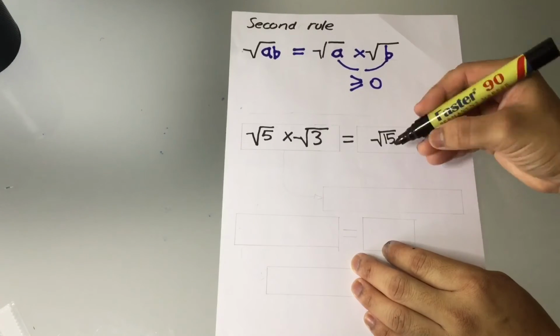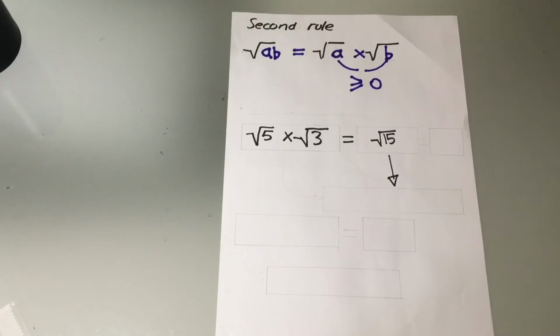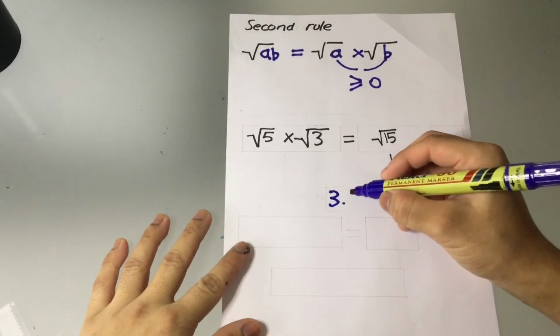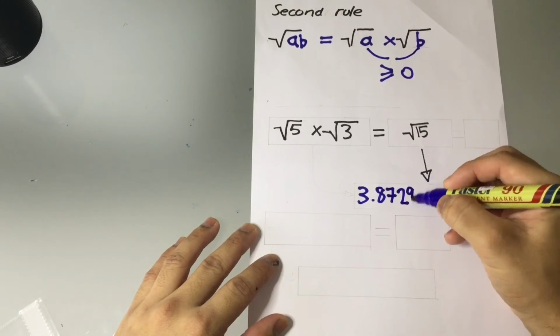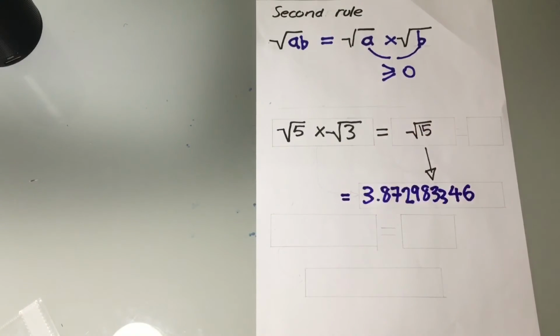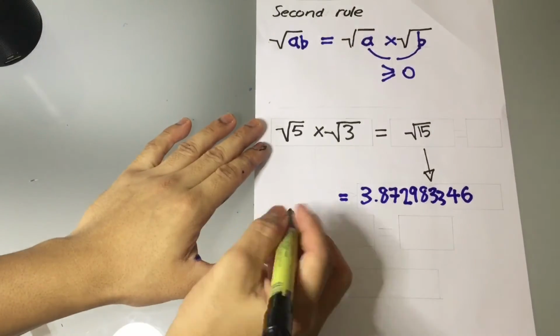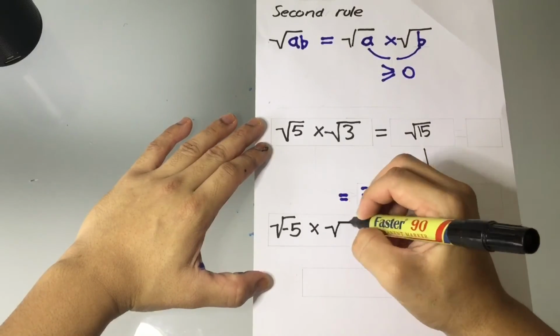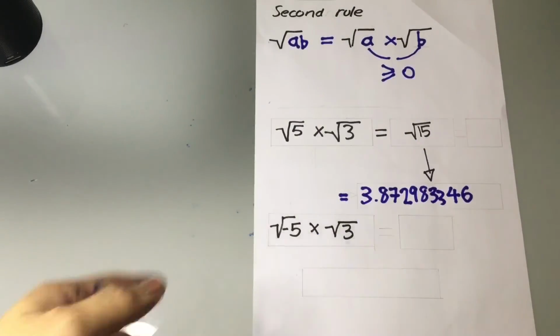Now, if you try to solve this using a calculator, the answer is going to look like 3.872983346. Now let's try another example: square root of -5 times square root of 3.